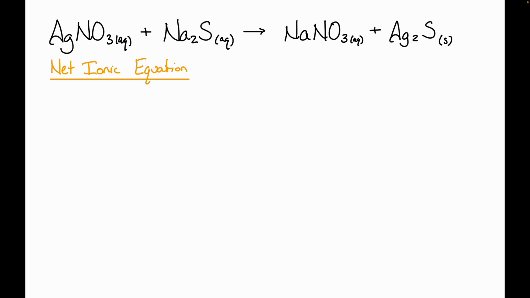Everything else I'm going to break up into its constituent ions. My silver ion. Oh, I lied. I've got one more step to do with this chemical equation above: balance it. Trying to move on too quickly. I'm not balanced here. I need 2 silvers on my reactant side, and that means I need 2 sodiums and 2 nitrates on my product side.